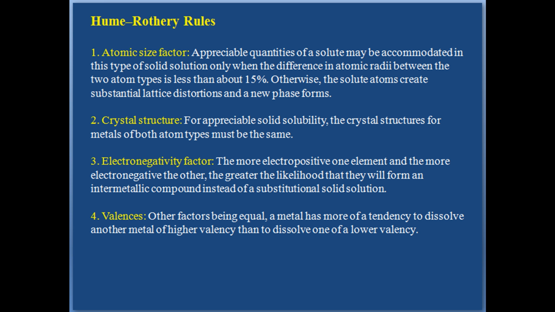Both have the FCC crystal structure and their electronegativities are 1.9 and 1.8. Finally, the most common valences are plus 1 for copper, although it sometimes can be plus 2, and plus 2 for nickel.